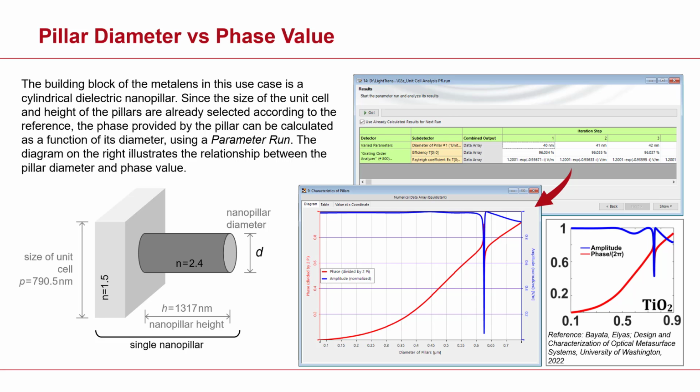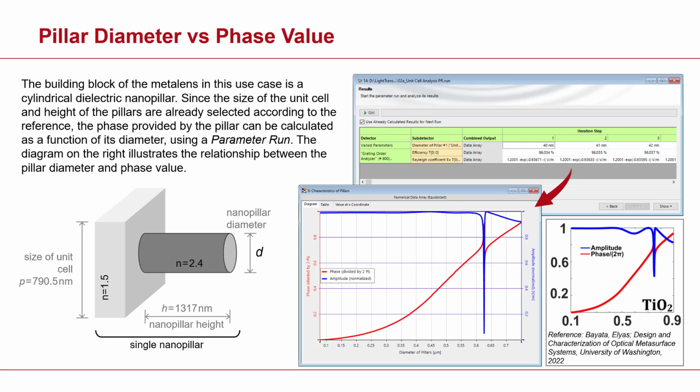The next step is pretty much the same as in the previous example. We perform a series of simulations with regular gratings where the pillars are all the same. They all have the exact same diameter, and that diameter is going to change from one iteration to the next, so that we can create that response curve of efficiency and phase.